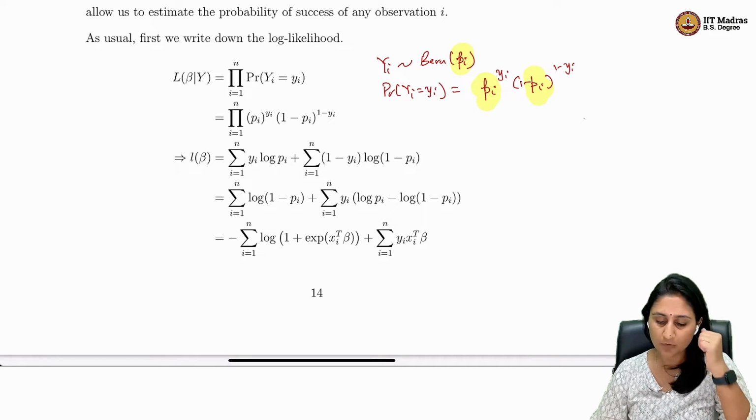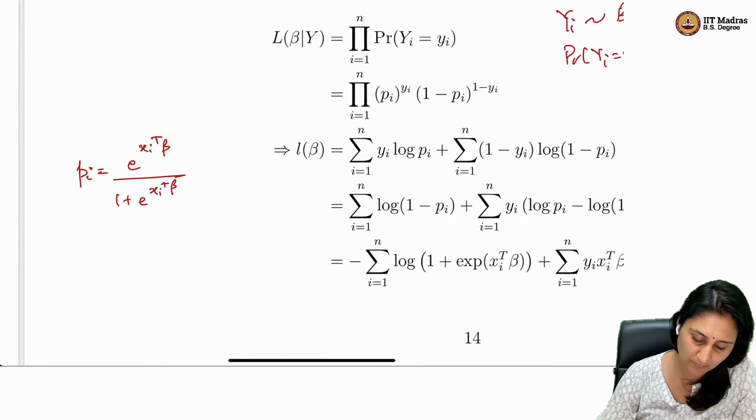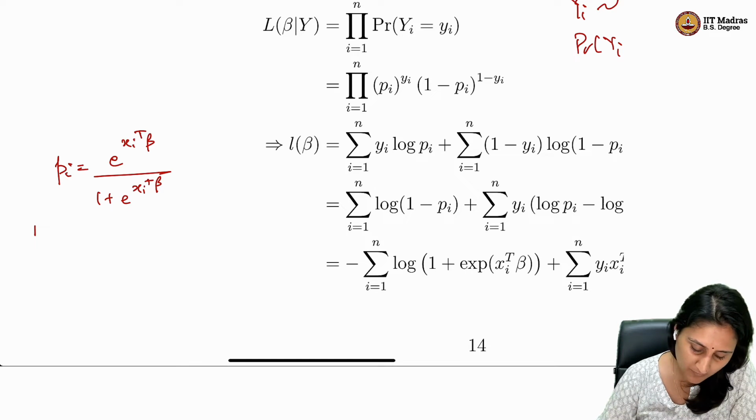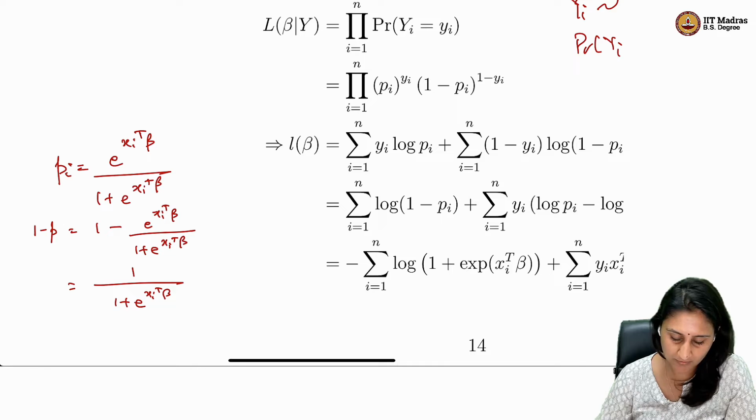Okay, but now let's actually do some math. So pi is equal to e to the power xi transpose beta divided by 1 plus e to the power xi transpose beta. This is what pi is. I'm going to zoom in here. So this implies 1 minus pi is equal to 1 minus e to the power xi transpose beta over 1 plus e to the power xi transpose beta, which I know is equal to 1 over 1 plus e to the power xi transpose beta.